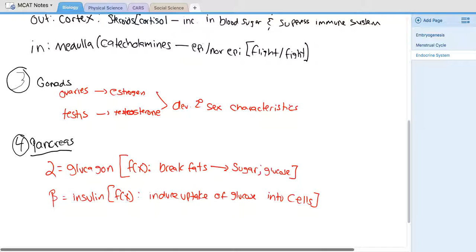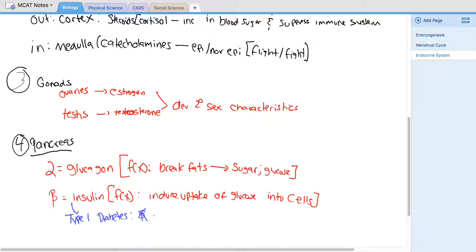One thing I want to note here is type 1 diabetes is a result of beta cells. So it's actually your immune cells break down your beta cells.